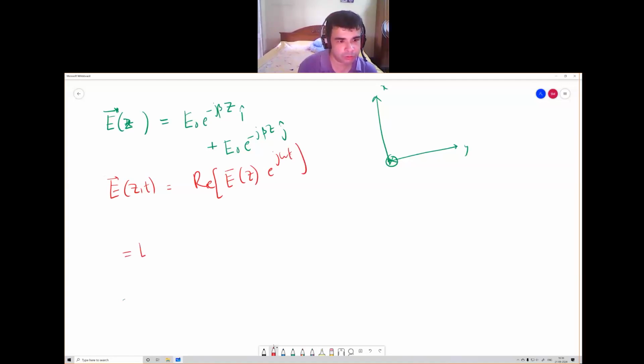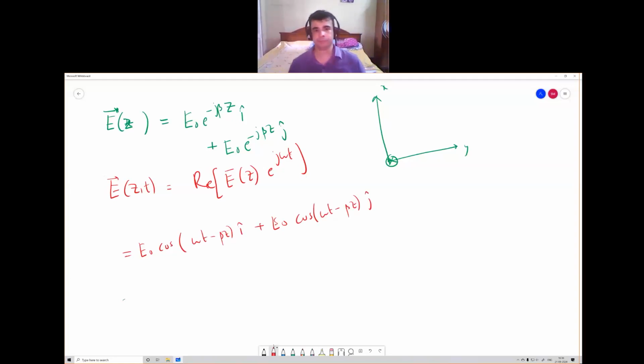So this will be E naught cos of (omega t minus beta z) i plus E naught cos of (omega t minus beta z) j. Agreed? So we do the same thing as we did before, omega is equal to 2 pi by T naught, that is 2 pi f, f is 1 by T naught.